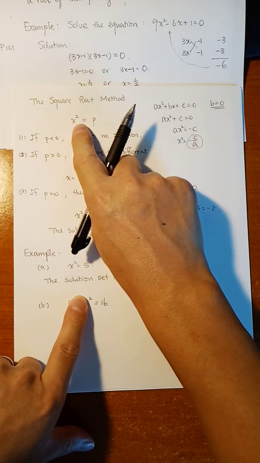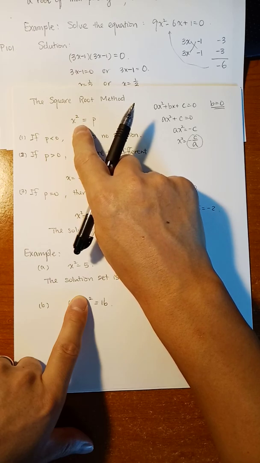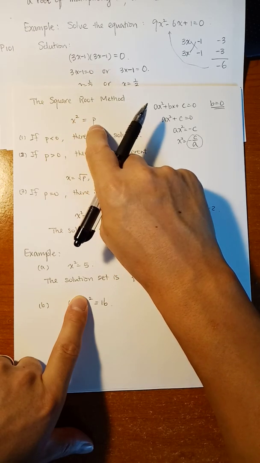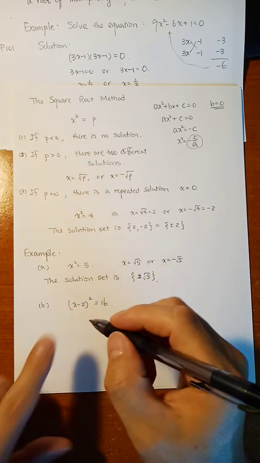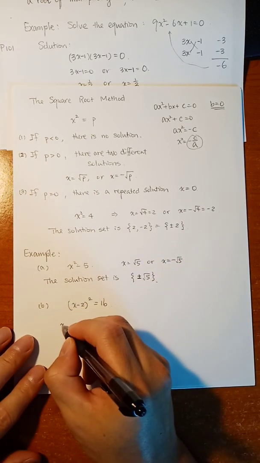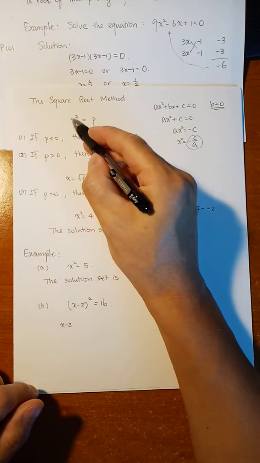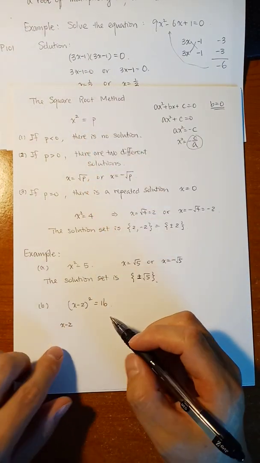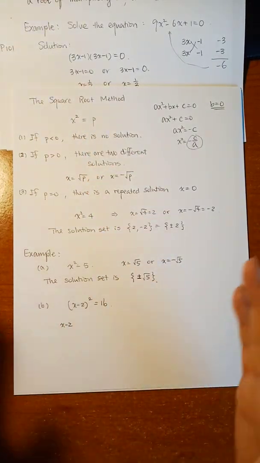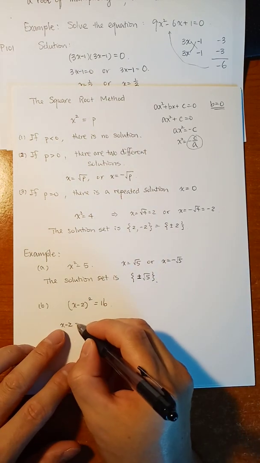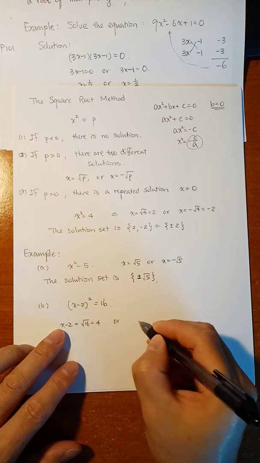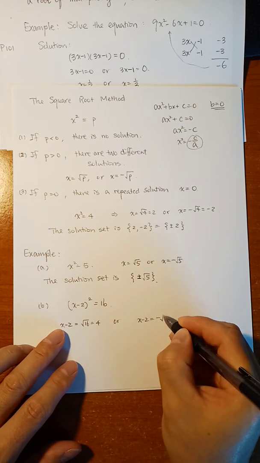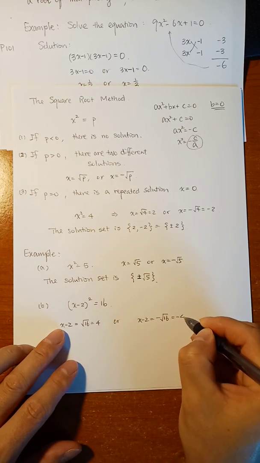So you reach this case, something squared is p, and this p is greater than 0, so there are two solutions. So either x minus 2, whatever is inside, is positive square root of 16, which is 4, or x minus 2 is negative square root of 16, which is negative 4.